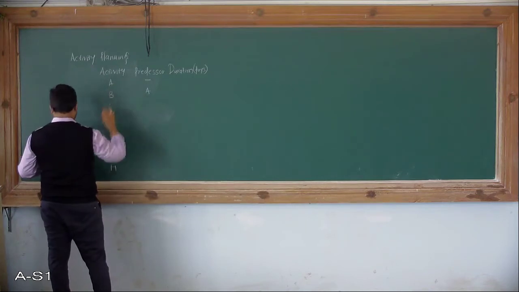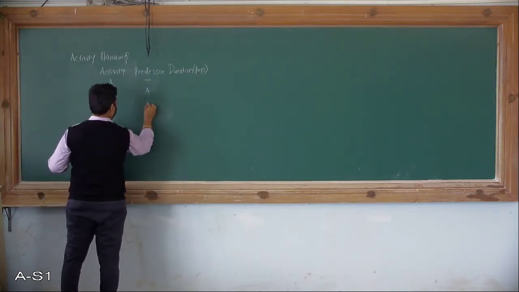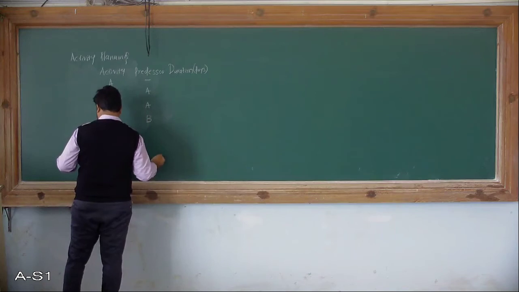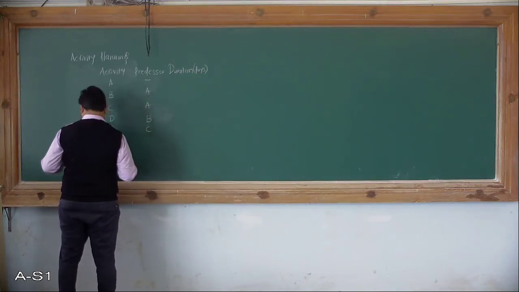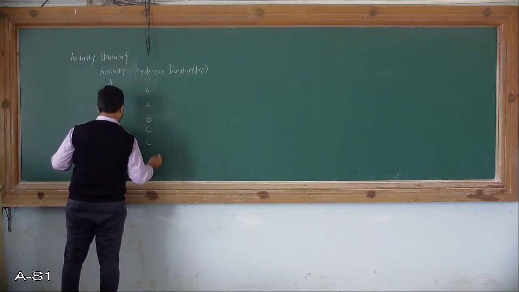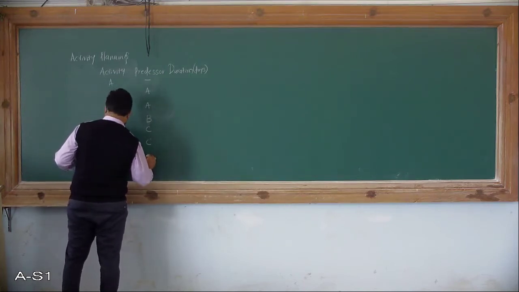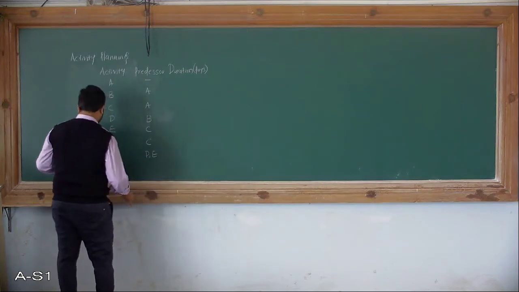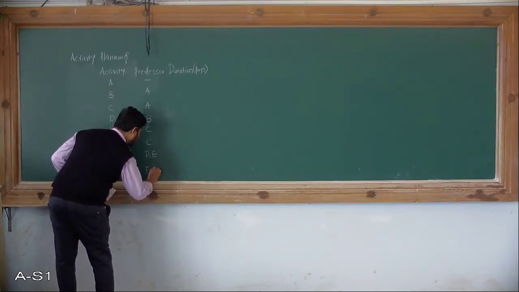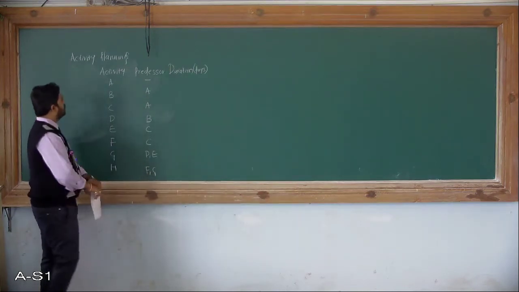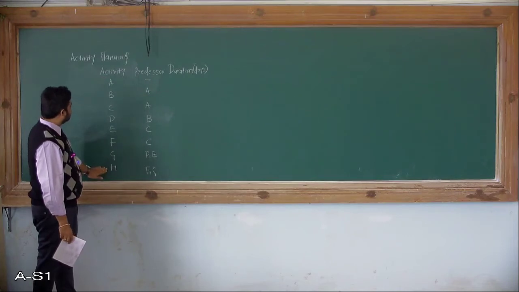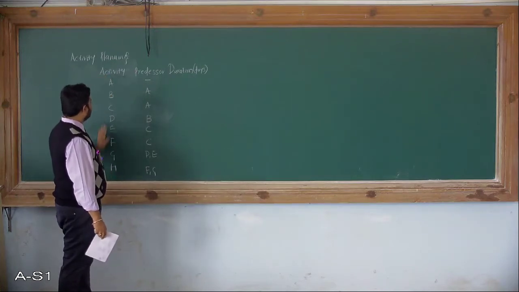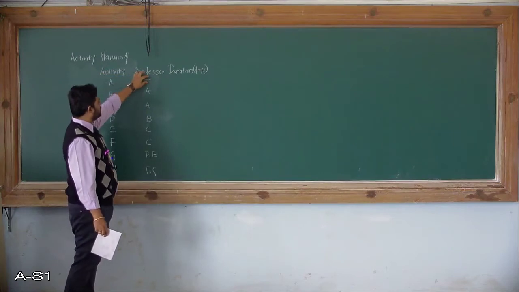B depends on A and C also depends on A. Then D depends on B, E depends on C, then F depends on C once again, G depends on two activities, D and E, and H depends on F and G. So here you can observe we have a list of activities and the other activities which are dependent on the previous ones. As A is the initial activity, there is no predecessor for it.